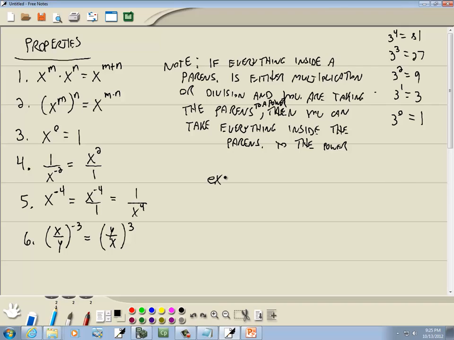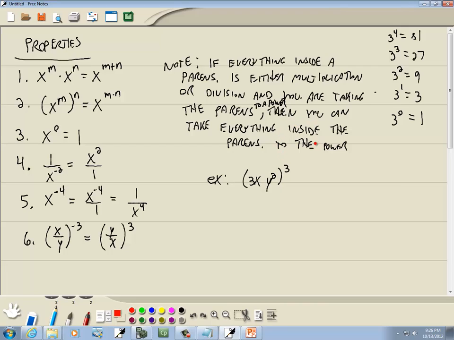What in the world does that mean? We have 3x y squared and raise it to the third power. Now everything inside the parentheses is either multiplication or division: 3 times x times y squared. And you're taking the parentheses to a power, the third power. They should have called this the distributive property of exponents.